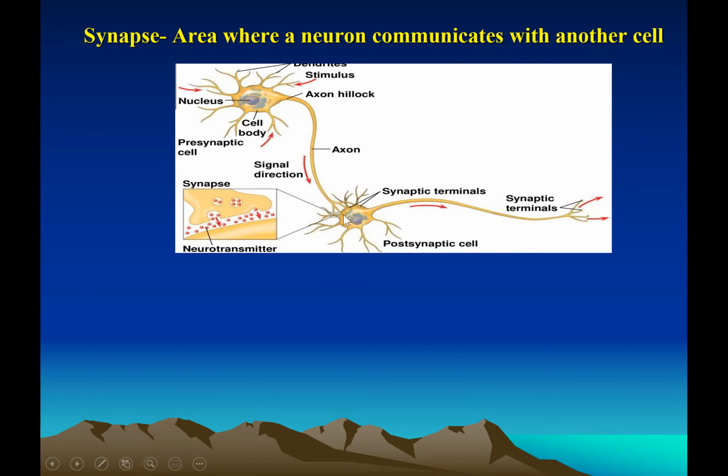So it is in the synaptic cleft where neurotransmission happens. So the presynaptic cell, when it is triggered, when the action potential is fired down the axon, will release neurotransmitters that will find receptors in the postsynaptic cell, and it will transfer the action potential to the postsynaptic cell.